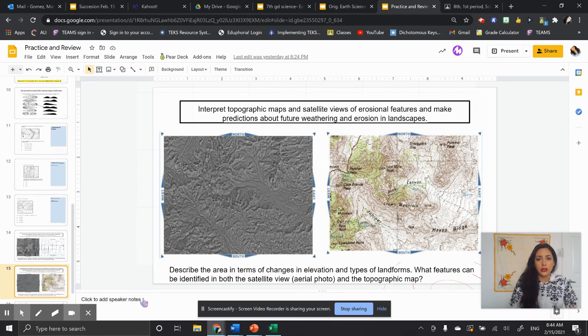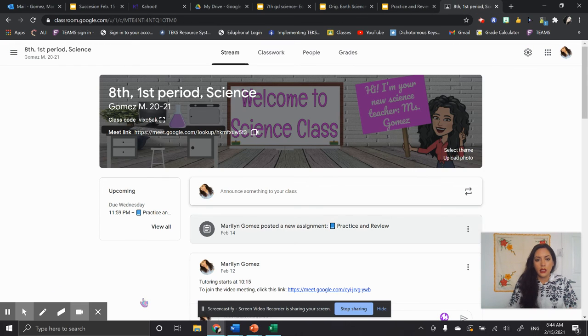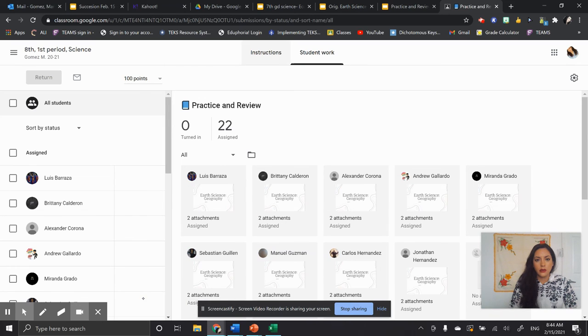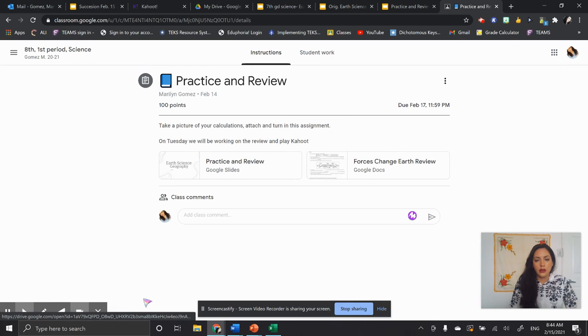Once you're done, if you still have time, there is the review for tomorrow, which we will be working on for sure tomorrow. What I do need you to do is the practice topographic maps. Try to complete as much as you can. Just like it says, take a picture of your calculations, attach, and turn in this assignment.